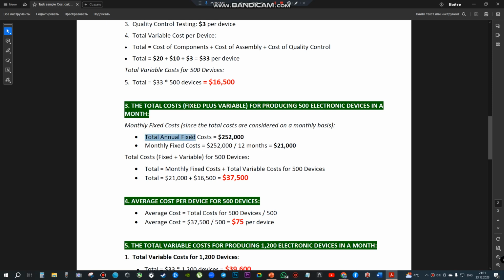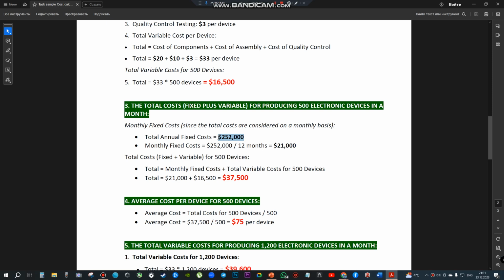But we know that the annual fixed cost is $258,000. Everything you have to do is just to divide them by 12 months, because it's the number that defines the cost on annual basis.